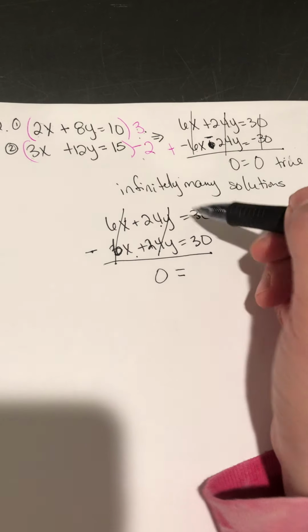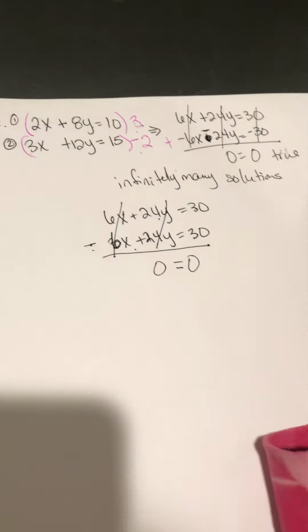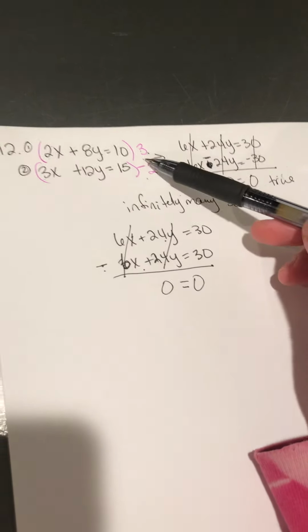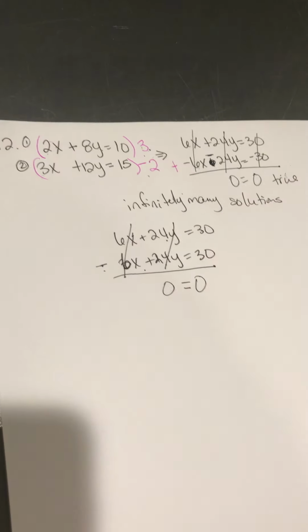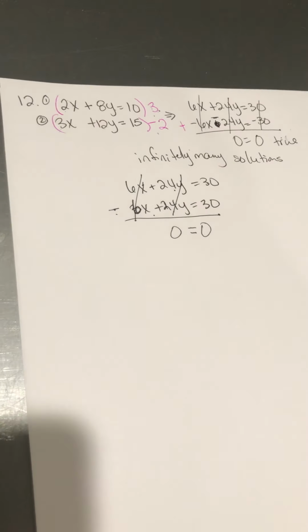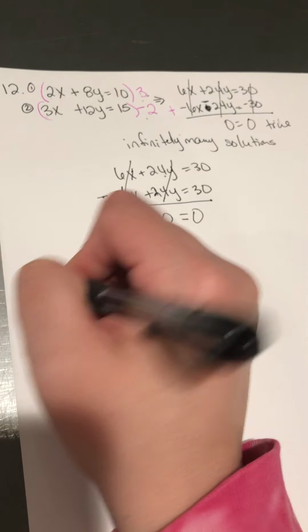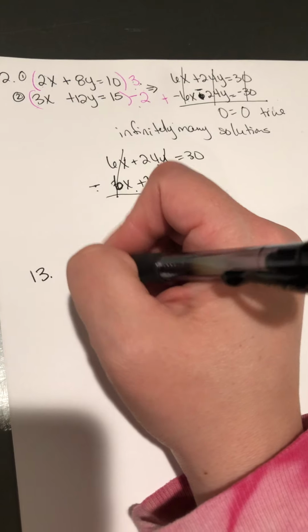I'd have 0 equals 30 minus 30, which is still 0. So I get the same answer if you don't multiply one by a negative so that you can add. But like I said, I don't want to tell you to always switch the signs because some people just prefer to subtract, and that's fine.